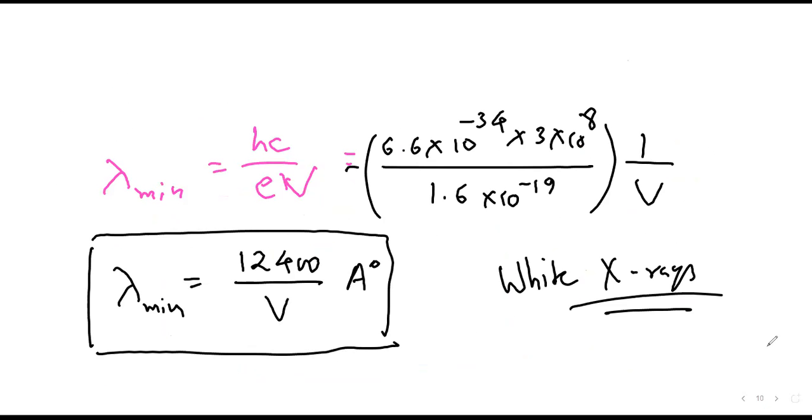Instead of V, write down 100 kilovolt. So I got an answer of 1.24 times 10 to the power minus 11 meters, that is 0.1 angstrom. That's the answer.